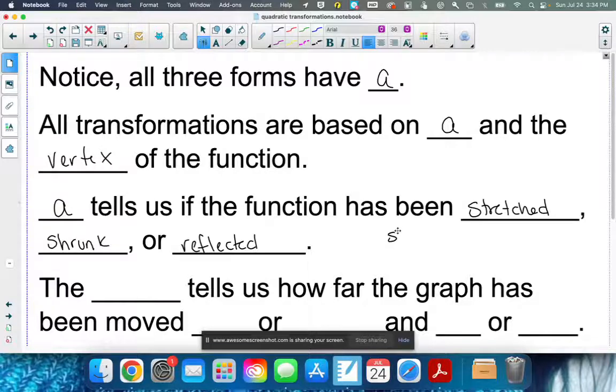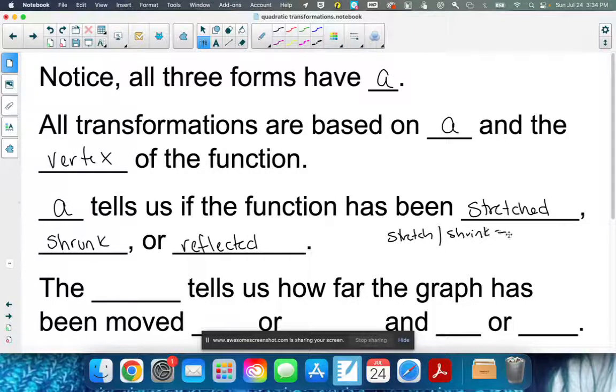Stretching and shrinking can also be referred to as a dilation, making something bigger or smaller. And reflected, of course, is just like in a mirror. It flips the graph upside down.